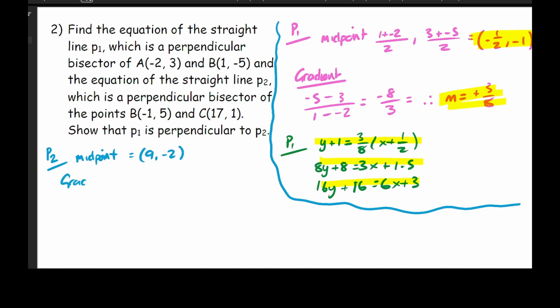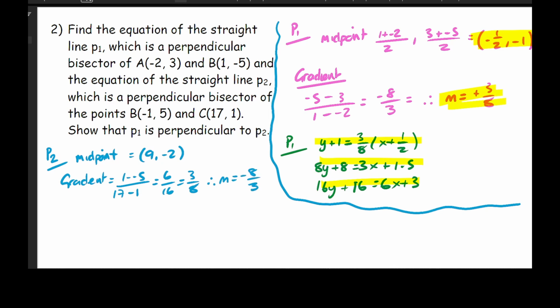We get a gradient between those 2 points of 1 minus minus 5 over 17 minus 1, and we get a minus minus 1, that should be, is it? No, that's right. And that gives me a gradient of 6 over 16, which is 3 over 8. So the gradient of P2 is going to be the negative reciprocal of 3/8, which is minus 8 over 3.